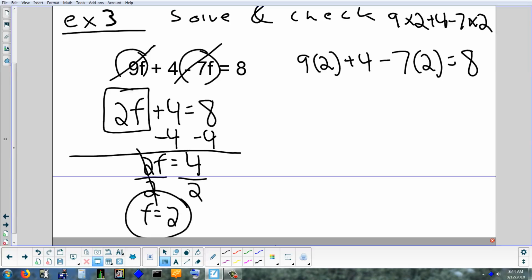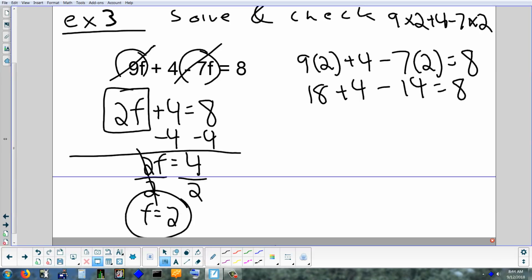Because remember, when there's a number and a variable next to each other, that just means multiply. 9 times 2, 18 plus 4. A negative times a positive is what? Negative. 14 and 8. All right.